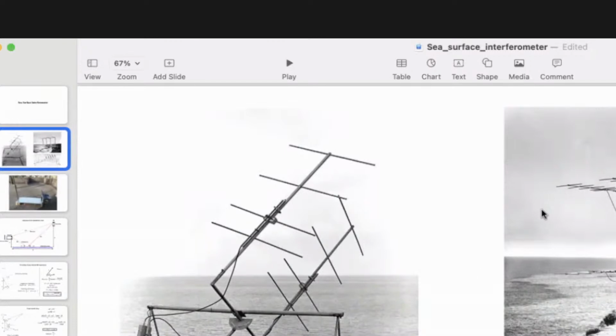From the source, you get direct radiation to the antenna, and reflected radiation from the source to the sea surface, then to the antenna. These two paths will create an interference pattern, which will give us some extra information about the source. And this is the experiment that we are going to replicate.